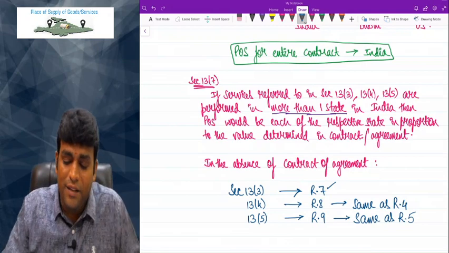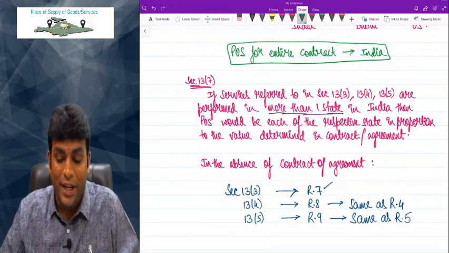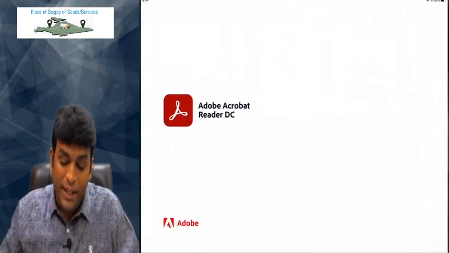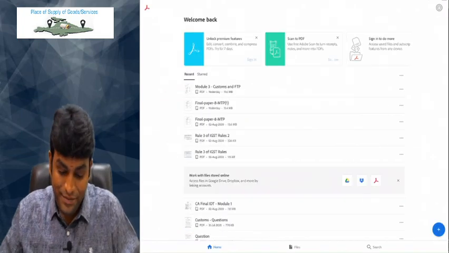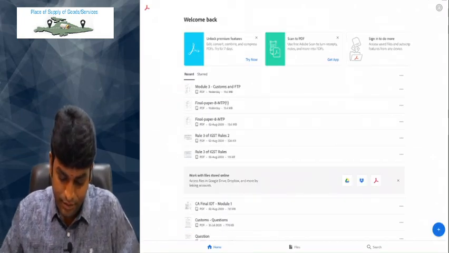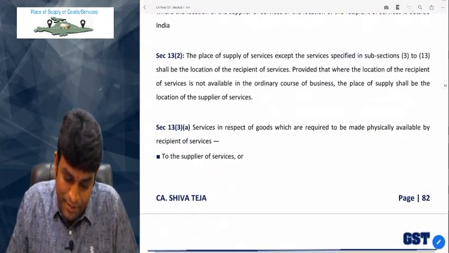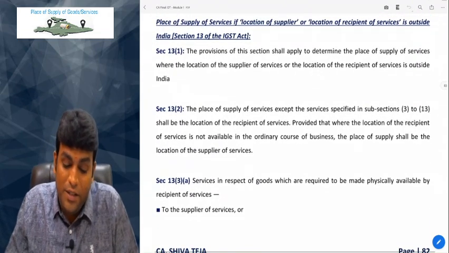So the writing part we'll do later. First let me talk about Rule 7, then we'll do the writing part. Okay? No hurry. I'll open the material once. Our material, of course. I'm looking at page number 82. In that, section 13.